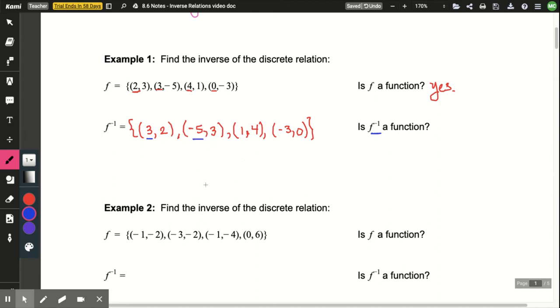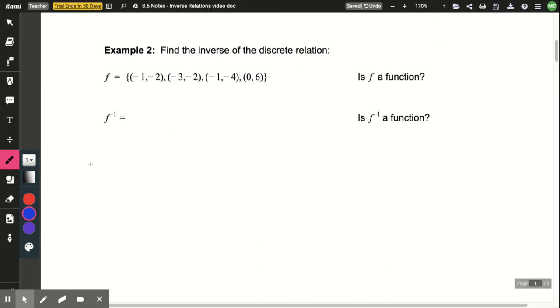My second x value is a -5. I look at the rest of the points, and neither of those has an x value of -5, so that one has its own unique y value also. My next one is a 1, and the last point is not a 1. So all of the x's in this relation have different y values assigned to them, which means f inverse is in fact a function.